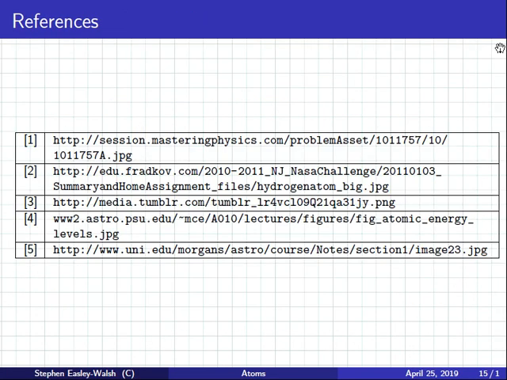Right, so that was the quantum mechanics. Difficult ideas, but only one formula. Lambda equals h over mv. It's the only formula.